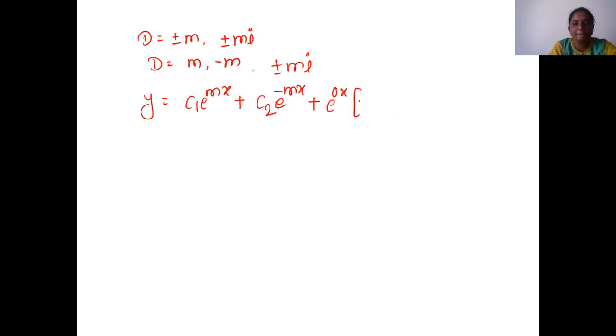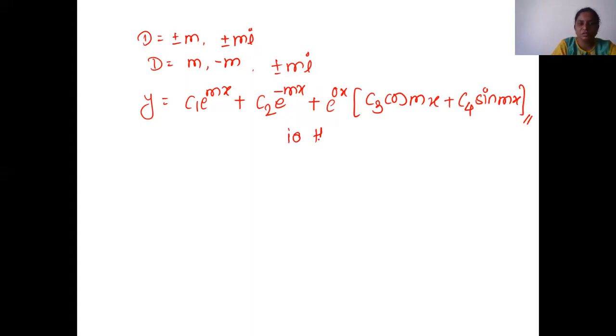Very good. C1, C2 is done. Next. C3 plus C4 x, cos mx, beta is m, plus C4 sin mx. Done, this is the general solution.